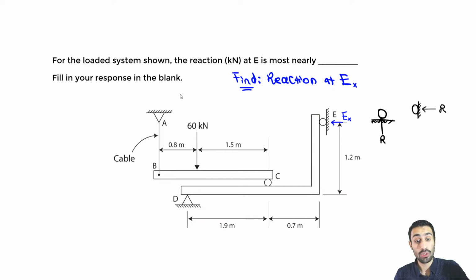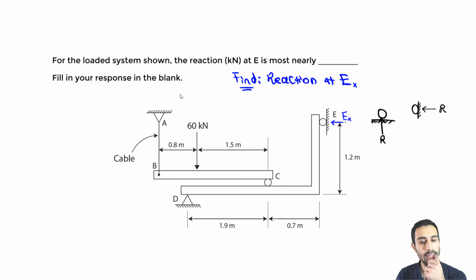This would require us to break this apart, find the external reactions and see how they're interconnected. What I mean by that is this. We know this 60 kilonewtons is basically our starting point, because that 60 kilonewtons will cause tension in the cable, which we can find using equilibrium.